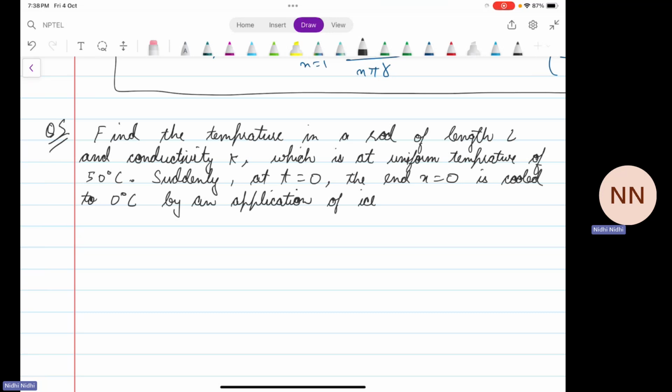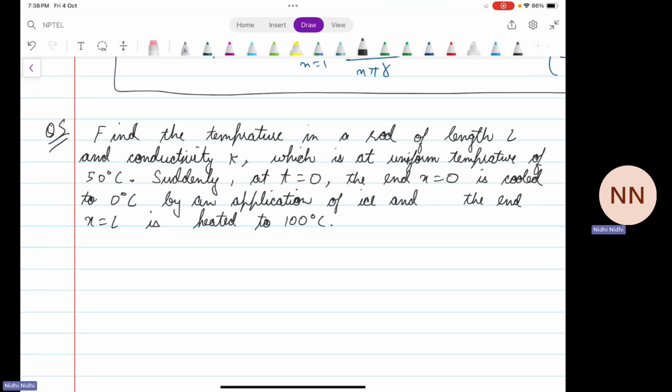And at the end x equals L, the end is heated to 100 degrees Celsius by an application of steam.